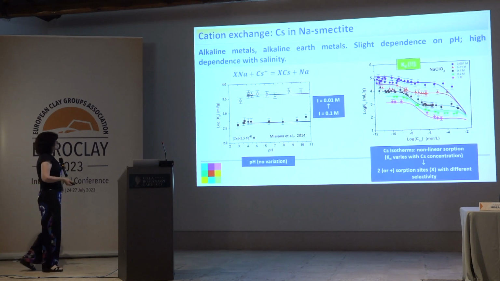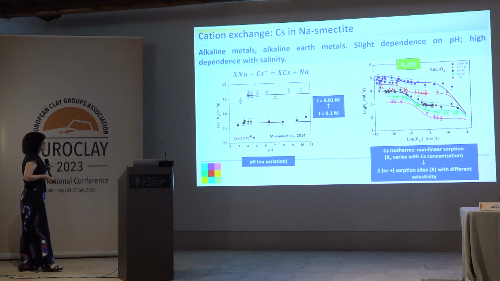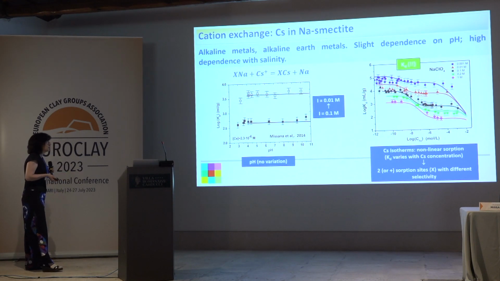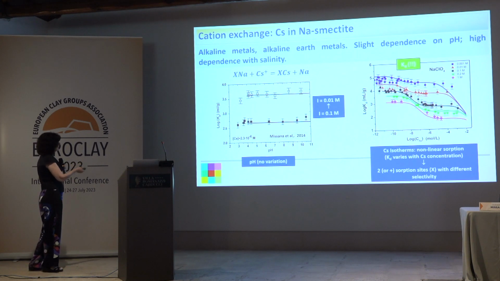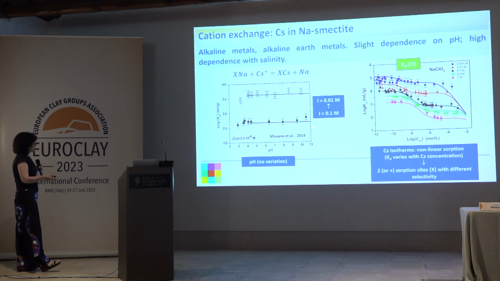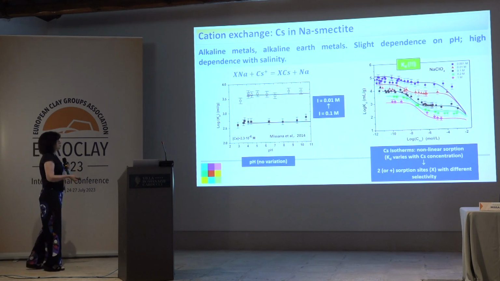Cation exchange is a very important process for alkali metals and alkaline earth metals. In this case, it is the example of cesium adsorption in a sodium smectite. Cation exchange is characterized by not depending on the pH, but depending strongly on the ionic strength, the salinity of the system.